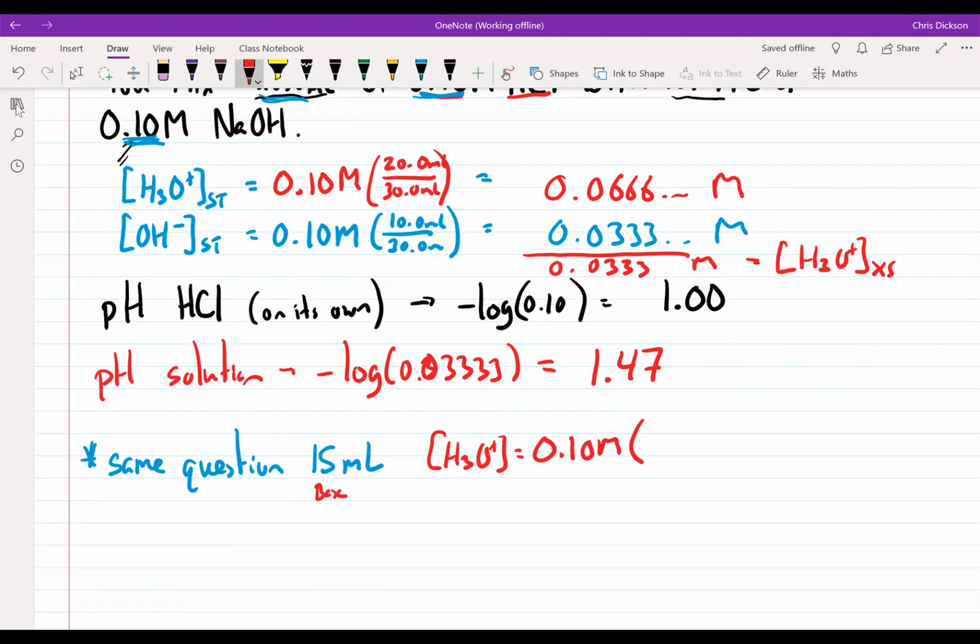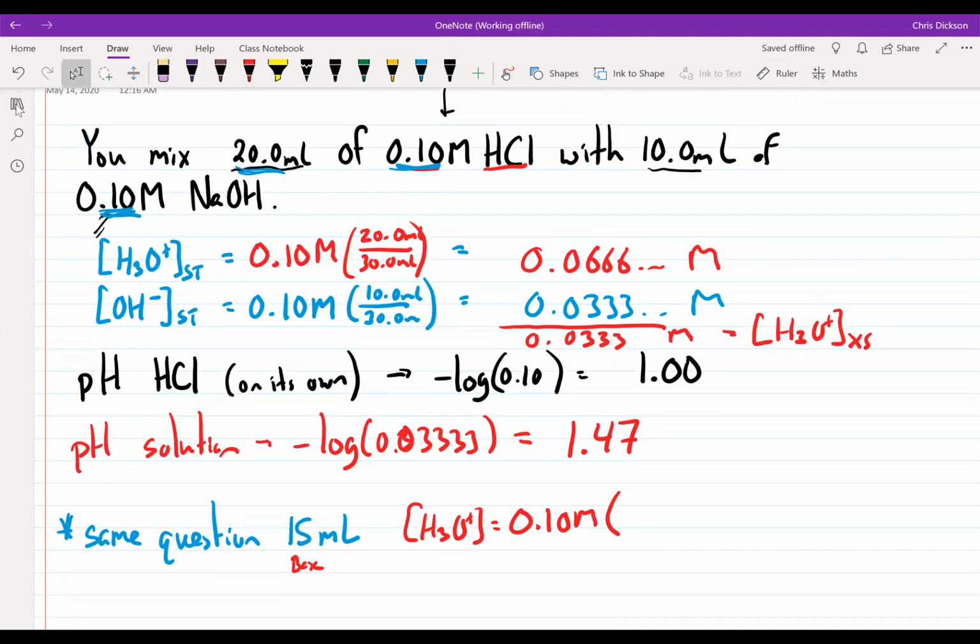So the hydronium here would be still 20 mils of acid. But now the volume is 20 mils plus 15, so 35 mils.